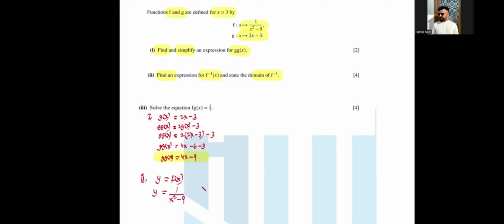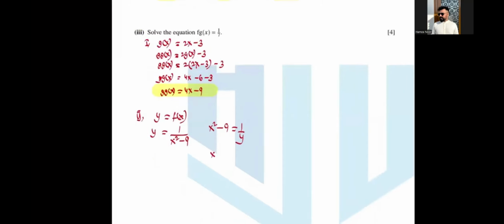This means that x squared minus 9 equals 1 over y. We are going to make x the subject. So x squared will be equal to 1 over y plus 9. Now taking the square root on both sides, x will be equal to plus or minus the square root of 1 over y plus 9. So far we have achieved this.